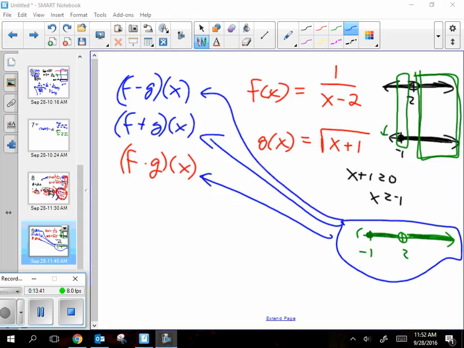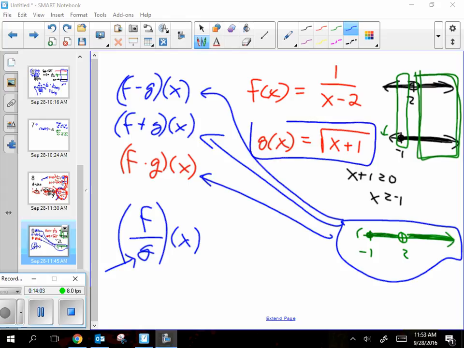Divide. If it's f divided by g, then there's an extra complicating factor. Let me show you why. F over g of x, what makes a difference? You're dividing by a function. We're dividing by g. Go back to g here. Do you get that it's okay normally if g equals 0?